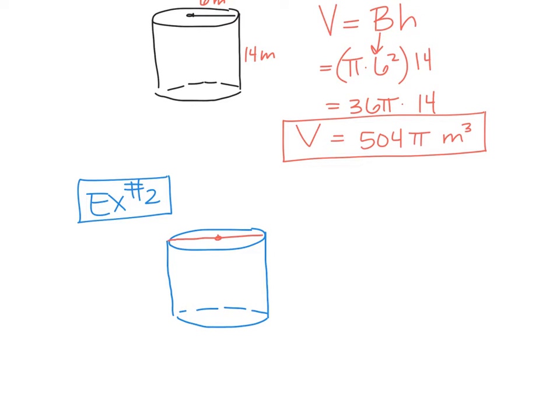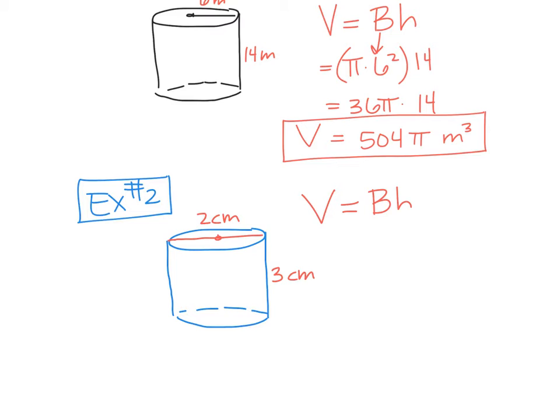You have a diameter of 2 centimeters and a height of 3 centimeters. And we want the volume in terms of pi. What's your formula? BH, right? Same formula, area of the base times the height of the figure. What is B right now?